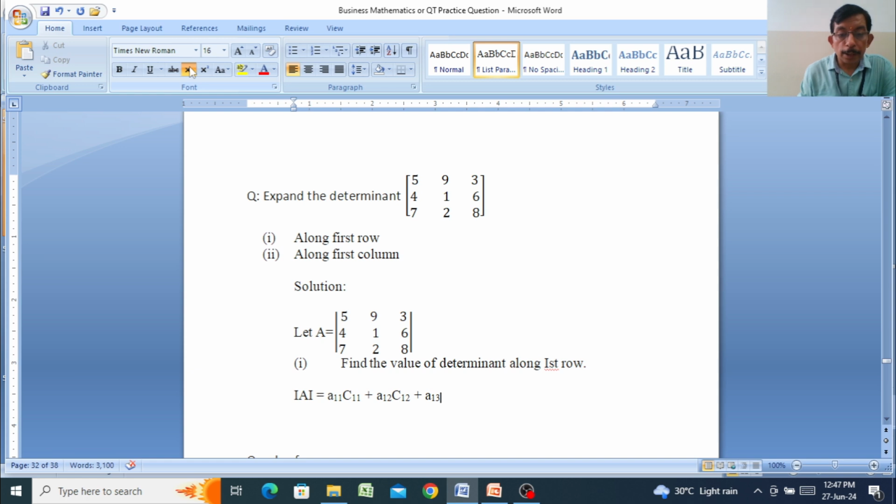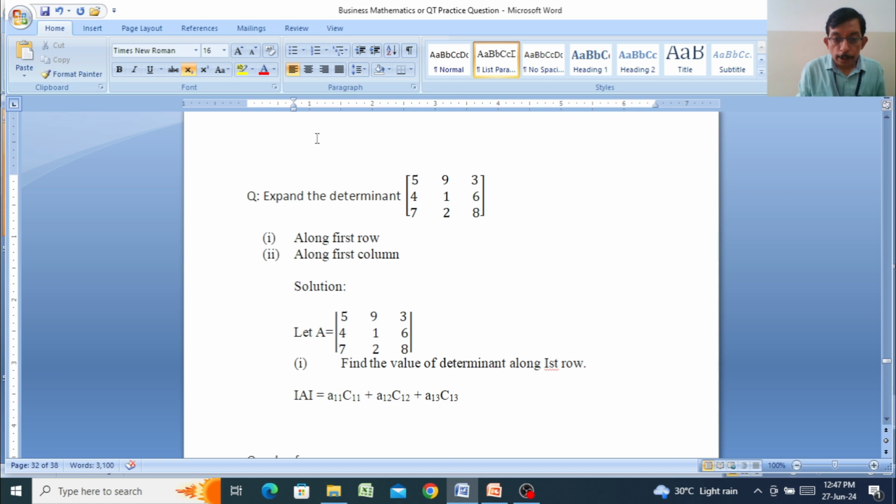The corresponding cofactor is C13. The value of the determinant is the sum of the products of the elements and corresponding cofactors in a 3 by 3 order determinant. If we expand the determinant according to the first row, or any row or any column, we follow the same rule.